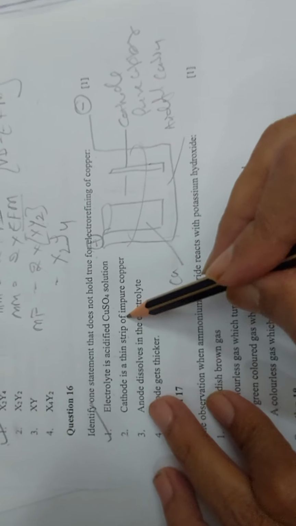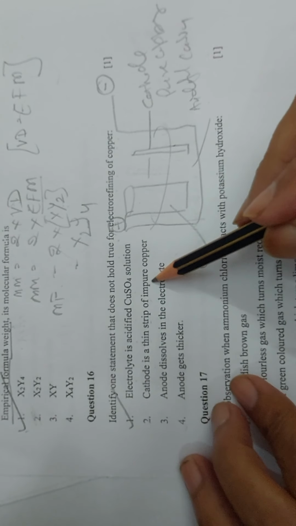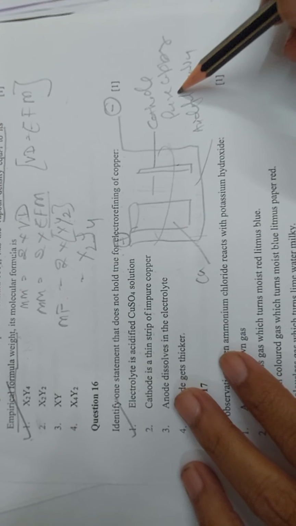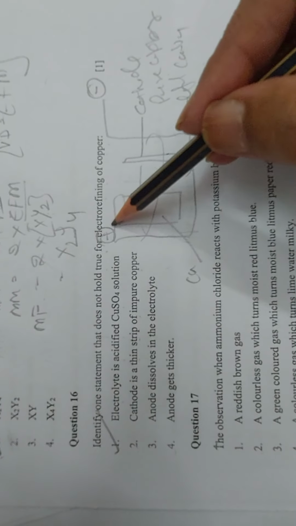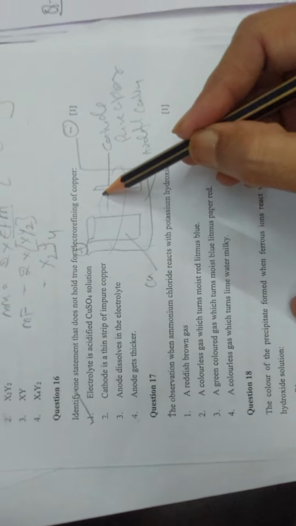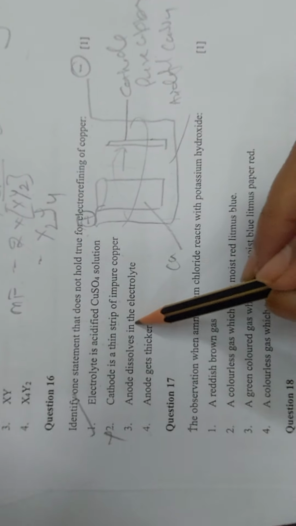Cathode is a thin strip of impure copper. No, it is made of pure copper, because the impure copper is the anode, and from here the pure copper is deposited on the cathode. So the second option is not correct. Anode dissolves in the electrolyte.